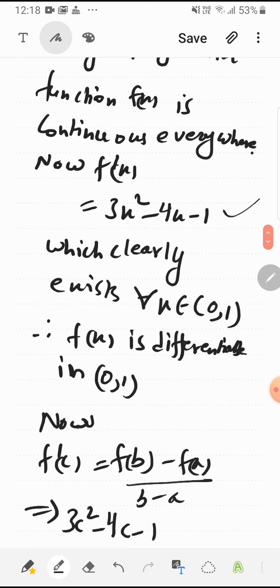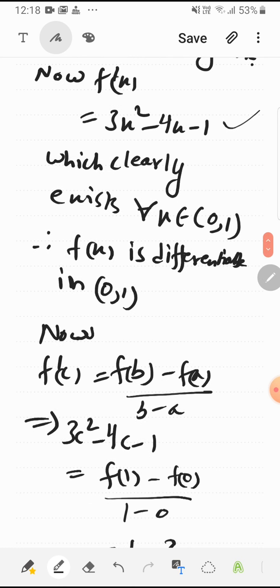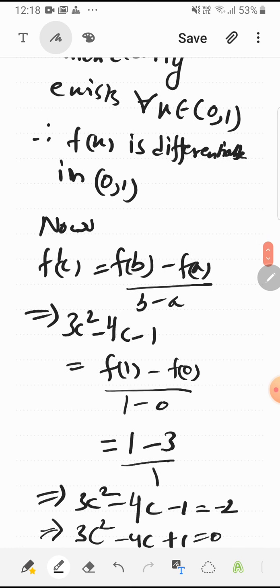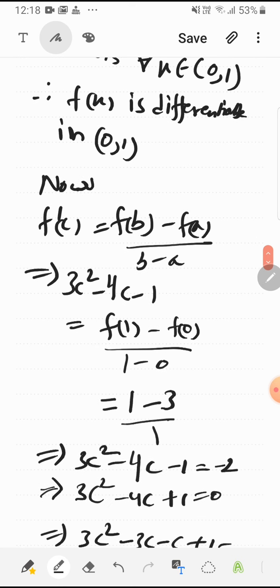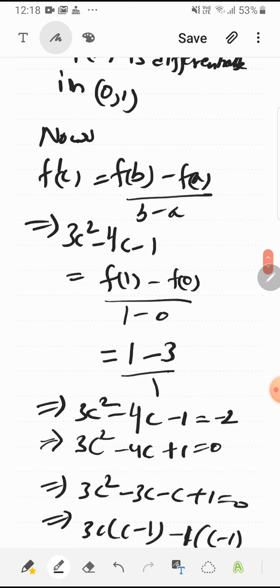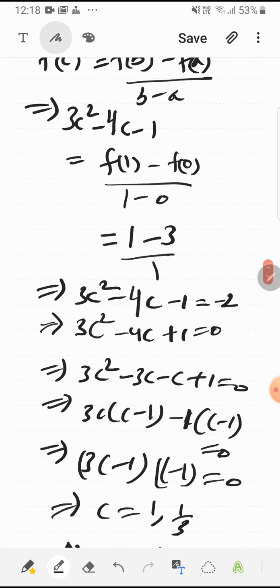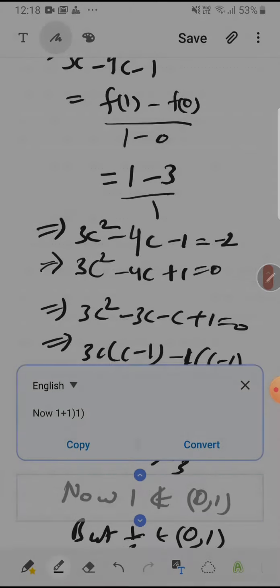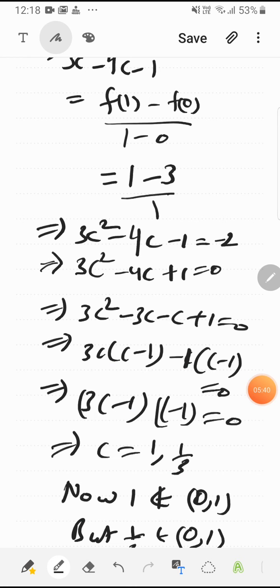Now f dash c is equal to f of b minus f of a over b minus a. So f dash c is 3c square minus 4c minus 1, and f of 1 minus f of 0 is 1 minus 3 divided by 1 minus 0, which is minus 2. So we are left with a quadratic equation which can be easily factorized by middle term splitting, and we get two values, 1 and 1 by 3.